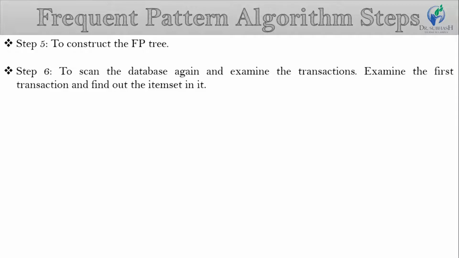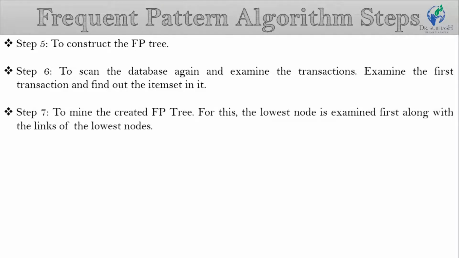Now, the next step is to mine the created FP tree. For this, the lowest node is examined first, along with the link of the lowest nodes. The lowest node represents the frequency pattern length.